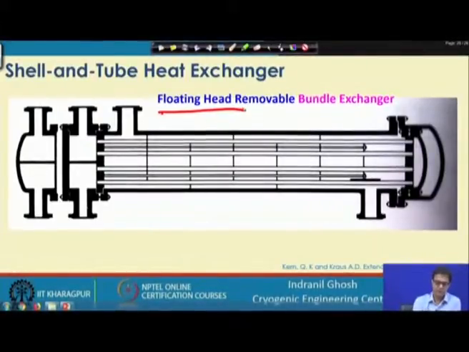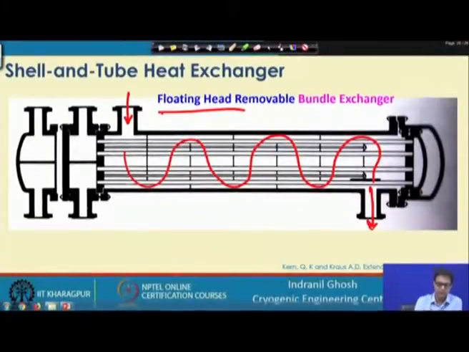So, here in this case what we find is that this is again the shell side fluid, there is no problem, it will enter, and depending on the number of these baffles or the type of baffles, it will be diverted and finally come out of it.